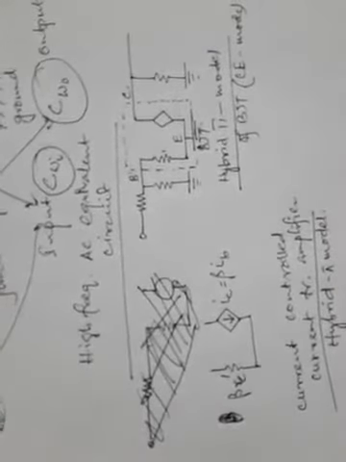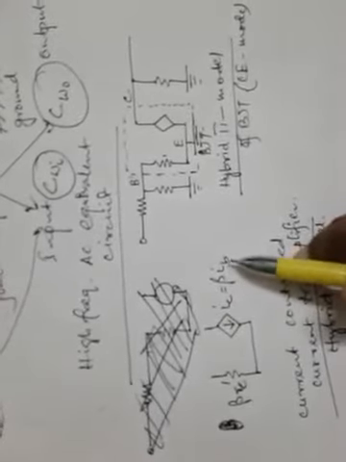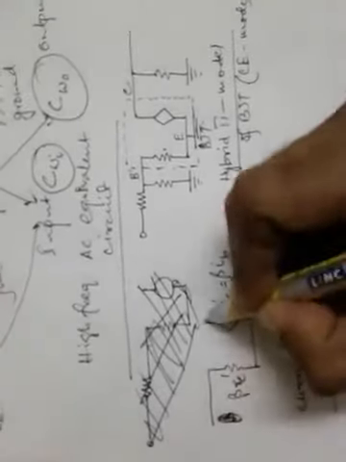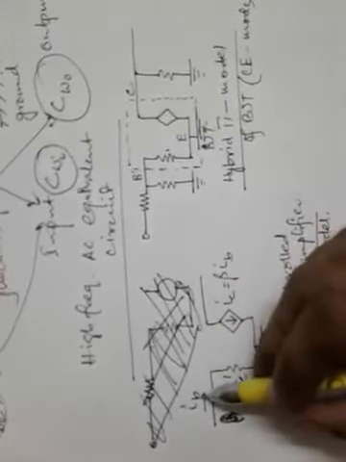Since it is a current controlled current source, it is a current source which is dependent on another current, the current at the input side. So the output current will be dependent on the input current via this relation.